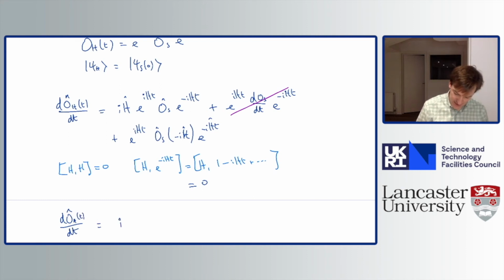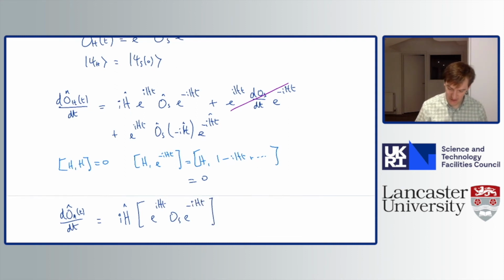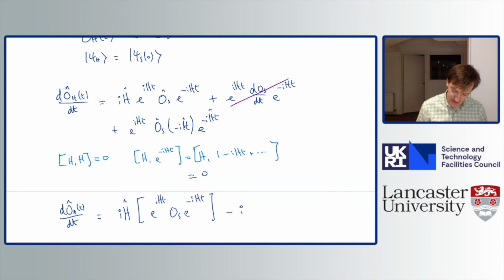We get iH, then this combination e to the iHt O_S e to the minus iHt, minus i, and I'm going to write it as e to the iHt O_S e to the minus iHt.